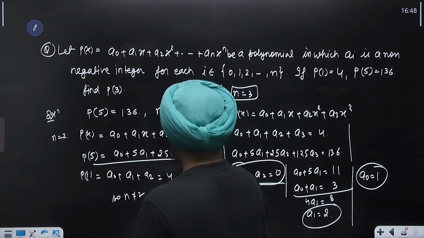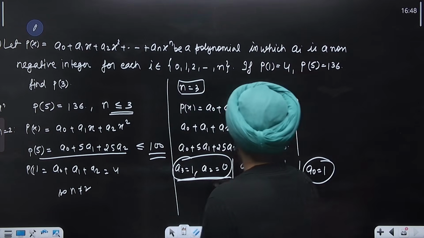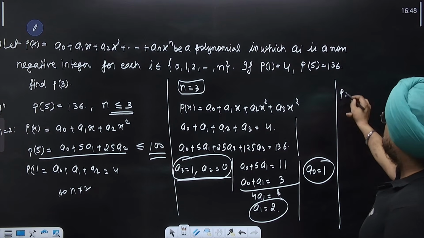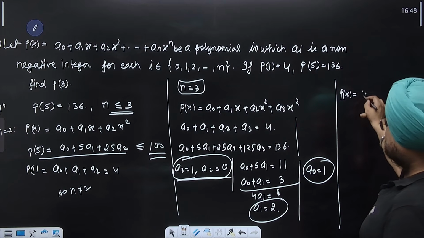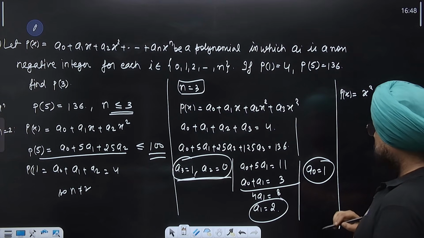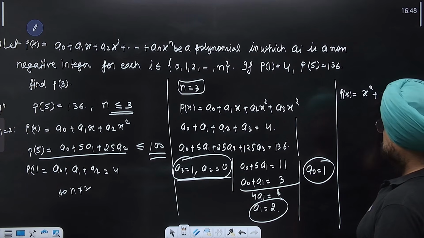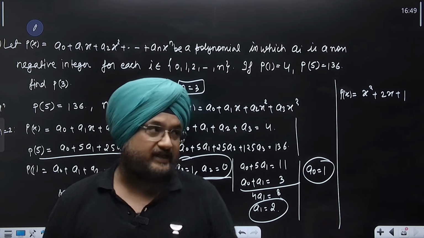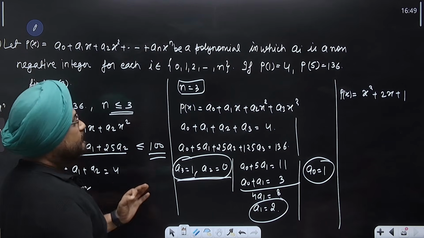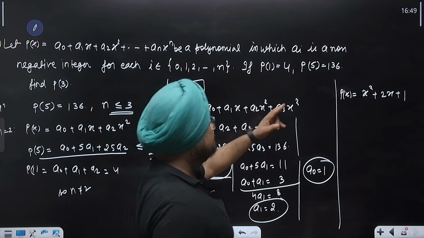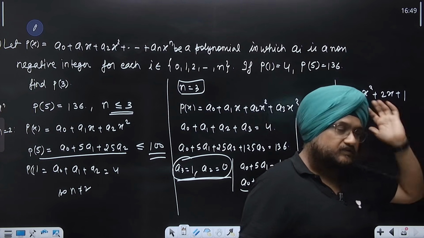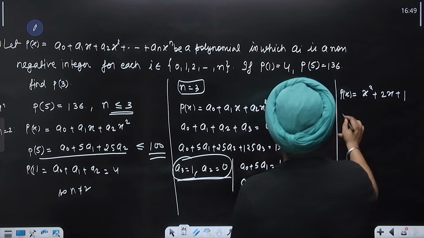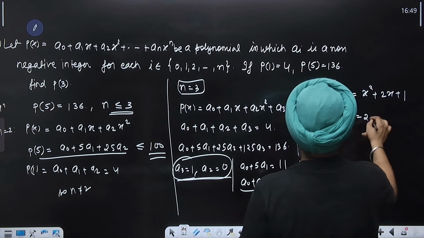So the cubic polynomial will be x³ + 2x + 1. For this cubic polynomial, we are getting P(1) equal to 4 and P(5) equal to 136, that is 125 plus 10 plus 1.